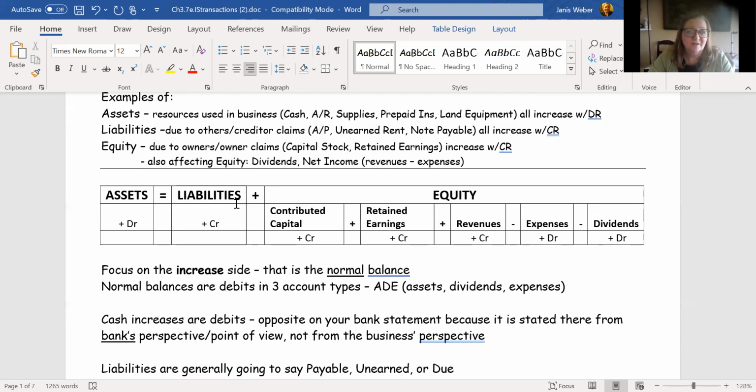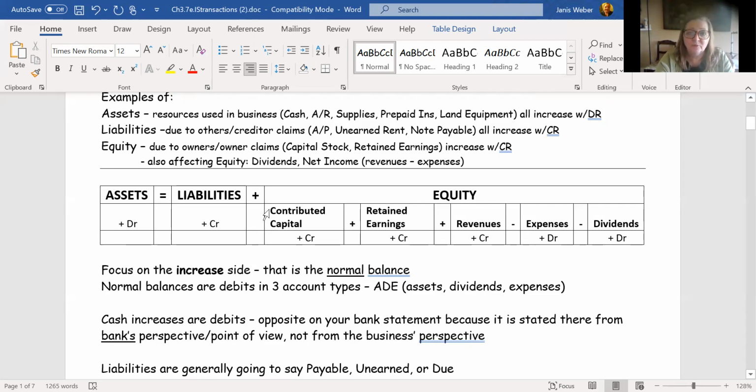And equity is the owner's share of the company. So we talked about the accounting equation, which is assets equals liabilities plus equity. The asset total is always the exact same number as the claims total, the claims being a combination of liabilities and equity.